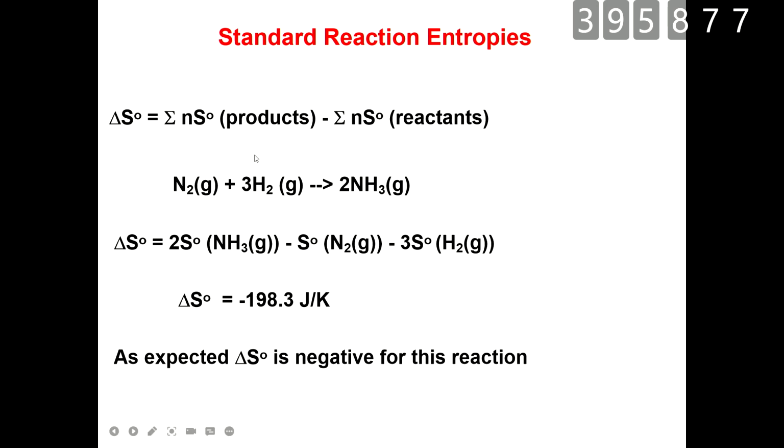Why do you think, before the calculation, that from left to right the entropy should decrease? And of course, after calculation, the number is negative. From the reaction we can also say from left to right it will definitely be negative.